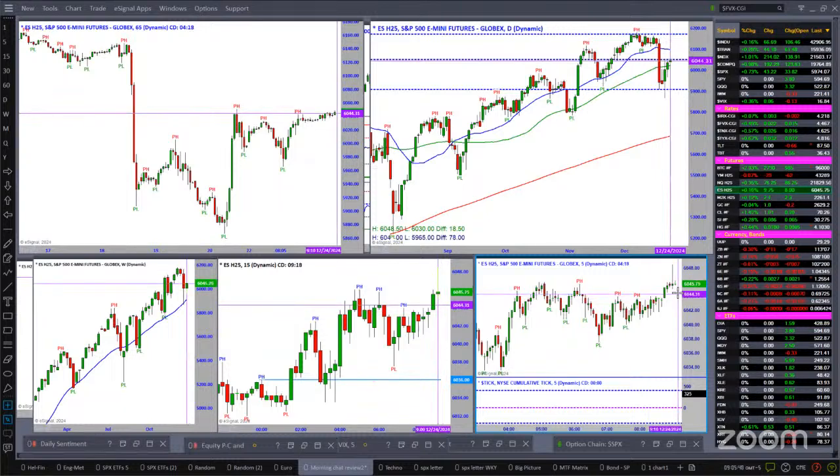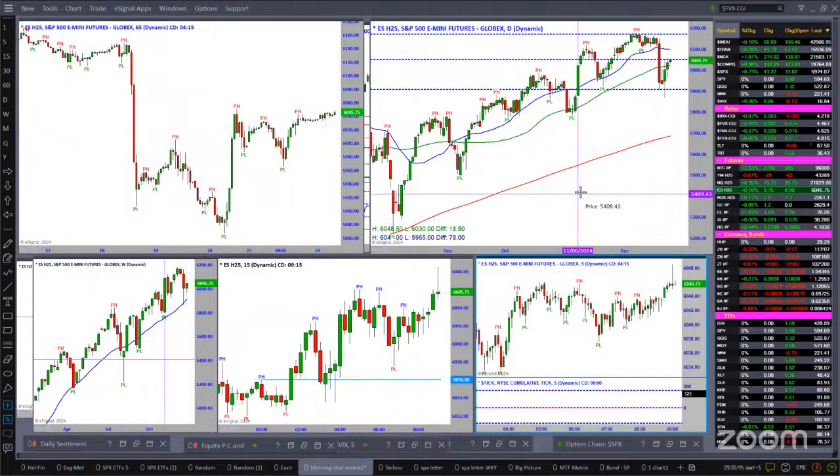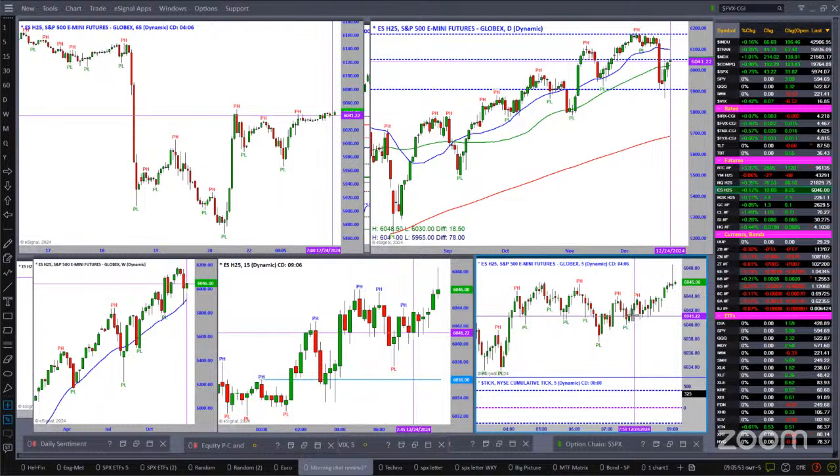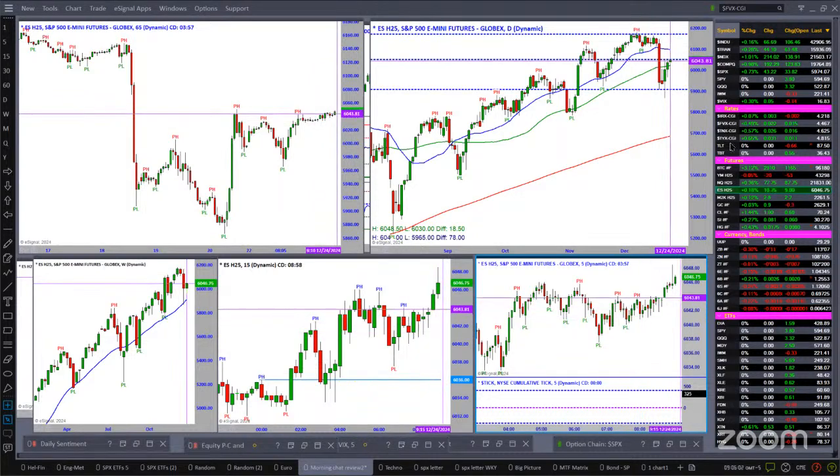Well, what's a topping tail bar in the context of a base and a downside shakeout and all that? And the higher time frame still looks good. So, suck it up. You've got one bar there as opposed to whatever. It's a very, very useful concept in combination with the other things that we talk about.